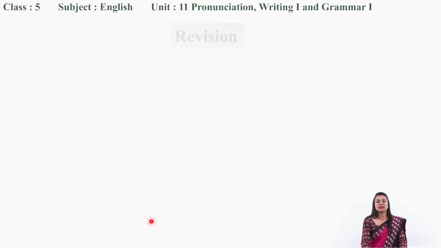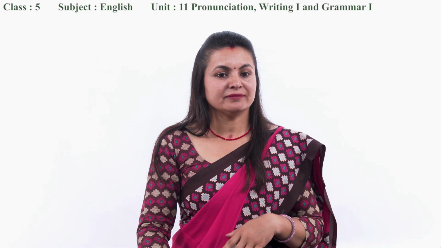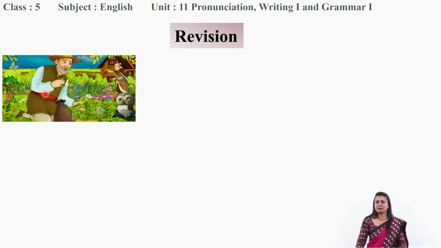So now, let's do another thing. Do you remember something from this picture? Yes? Of course, you have read a story in your previous class, haven't you? And what is the topic of the story? Farmer and his money.